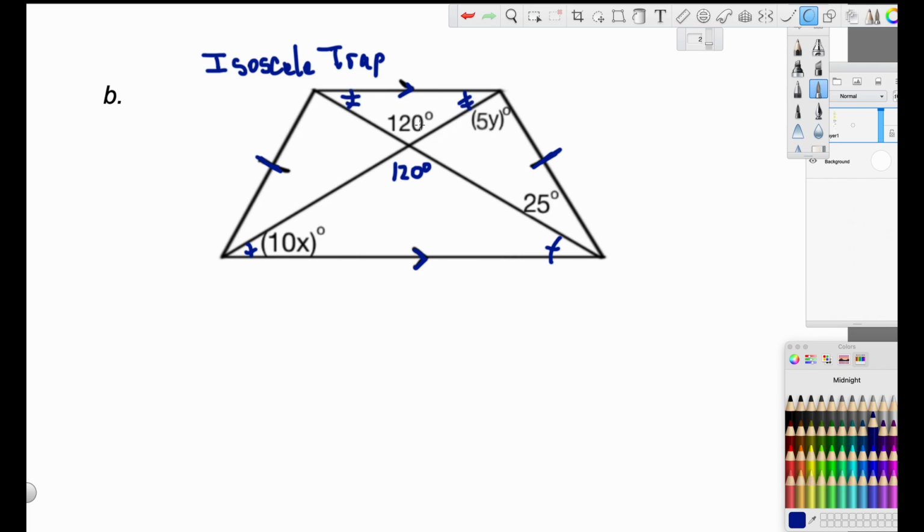This angle right here is a linear pair with 120, so this would be 60. Okay. So this angle we could also call 10x if we wanted. So why don't we use the interior sum equation for this yellow triangle that I have. I've got 10x and this 10x plus the 120 equals 180.